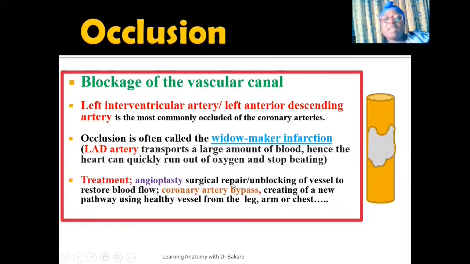Angioplasty is a surgical procedure that is used to repair or unblock the vessel so as to restore blood flow. You could also do coronary bypass, where you graft healthy blood vessels from other regions of the body, like the arm, the leg, or the chest, and use them to reconstruct a pathway for coronary circulation.